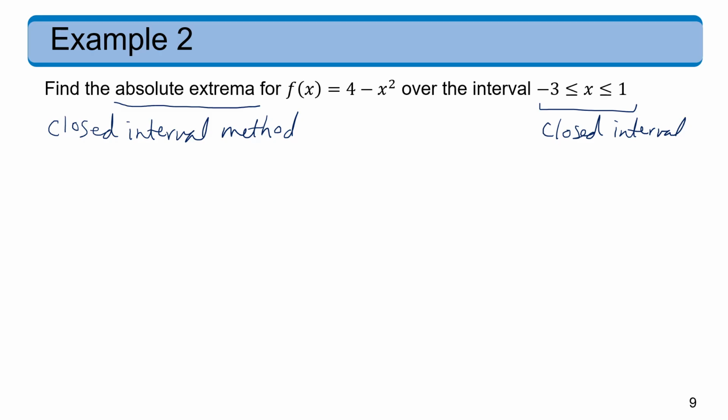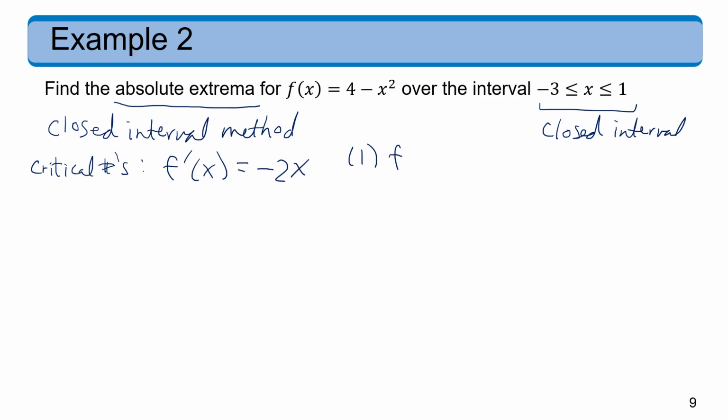Okay, so for the closed interval method, one thing we need are the critical numbers. For that we need the first derivative, and this one has a very simple derivative. It's 0 minus 2x, so just minus 2x. And then we look for the two situations.